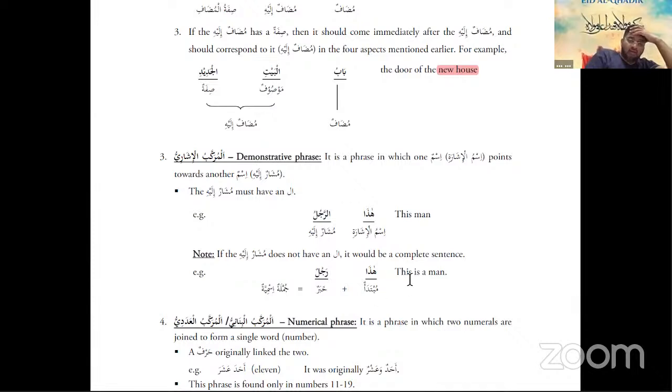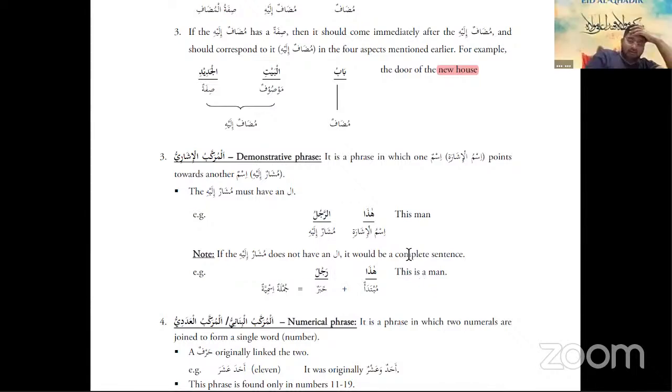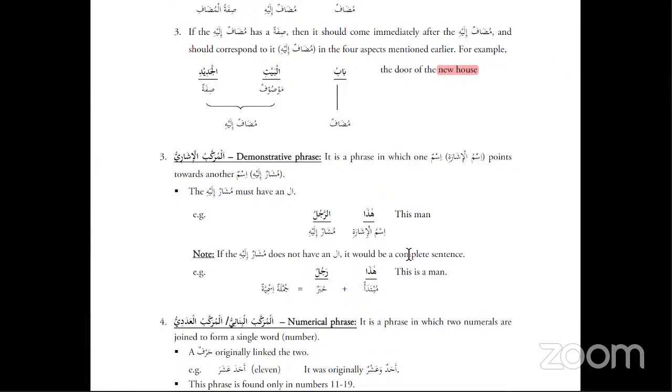Look at the translation: this is a man. Yeah, this is a complete sentence. Exactly. So remember that if the second noun has alif lam, then it becomes an incomplete sentence, a phrase. Is that clear?